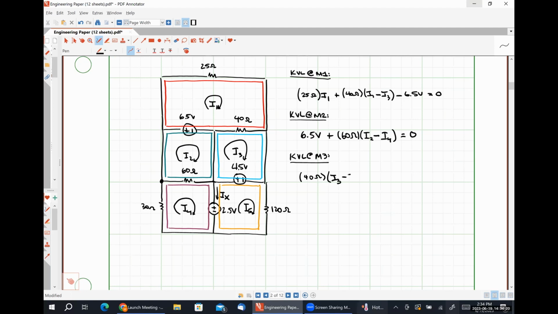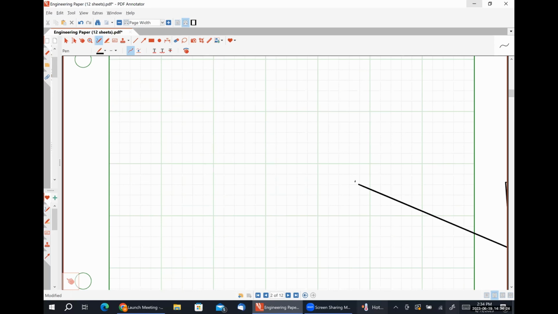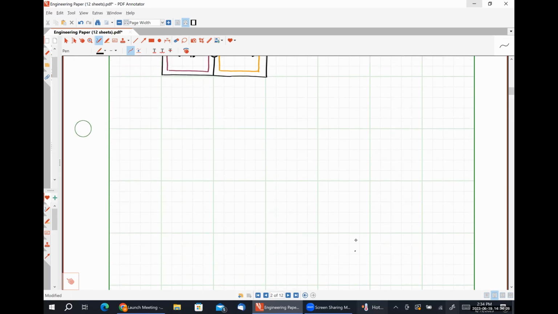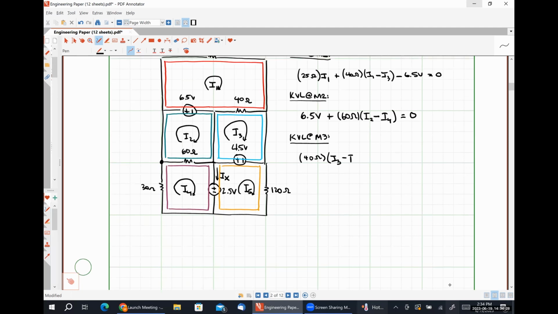Absolutely right. Sorry, my screen moved on me really abruptly there. And since we're entering the negative terminal of the voltage source, it would be minus 4.5 volts, equals 0. Nailed it.